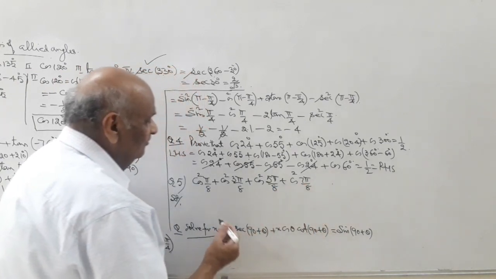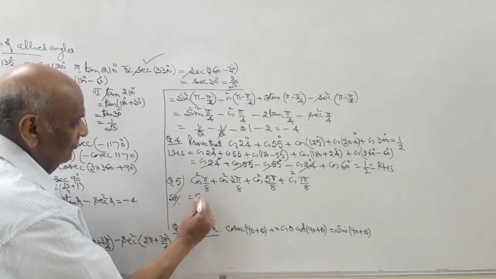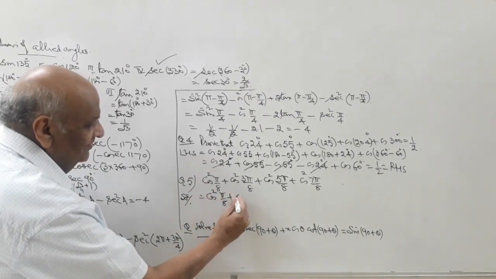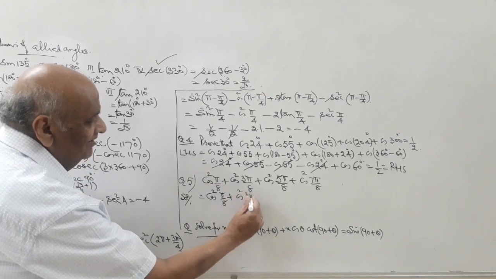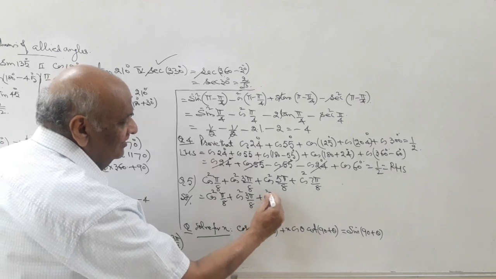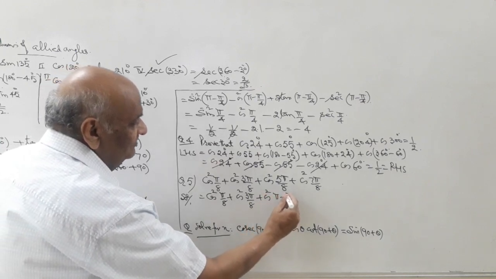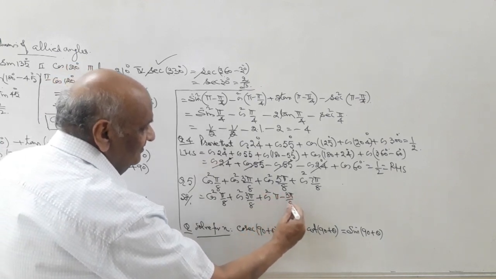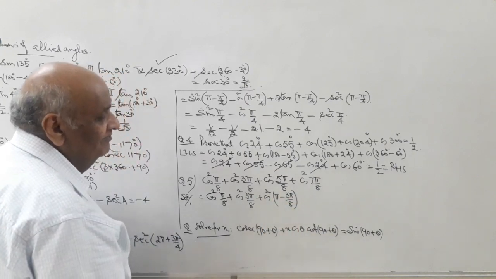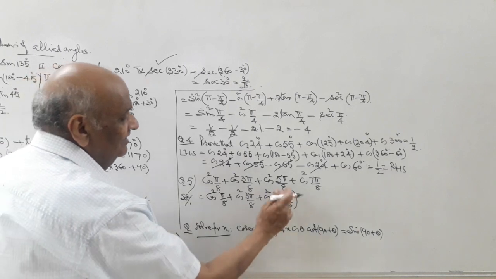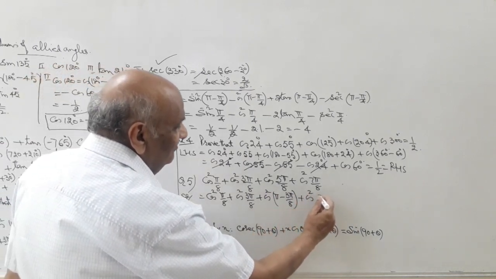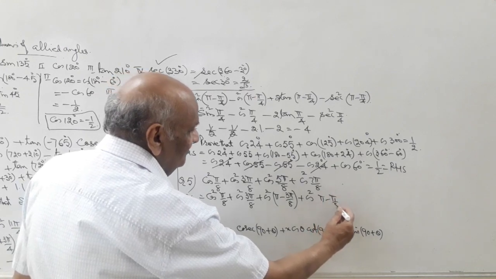So this is equal to cos square pi by 8 as it is, cos square 3 pi by 8 as it is. Then we have cos square pi minus 3 pi by 8. Take help of pi again: 1 minus 3 by 8, 8 minus 3 is 5. Plus cos square pi minus pi by 8.